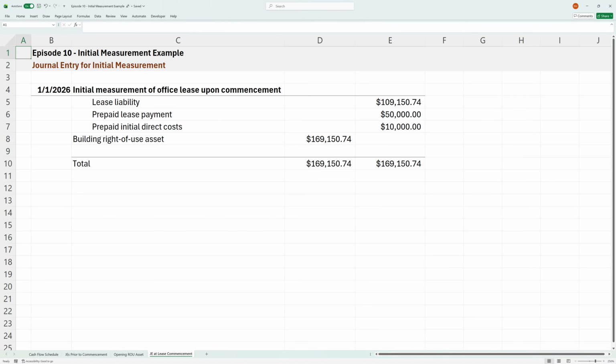Then we'll need to reverse the prepaid lease payment and prepaid initial direct cost balances of $50,000 and $10,000 respectively, because those balances are now being absorbed into the ROU asset. And finally, we'll record our opening ROU asset with a debit of $169,151. And again, this step is identical whether the lease is classified as a finance lease or an operating lease.